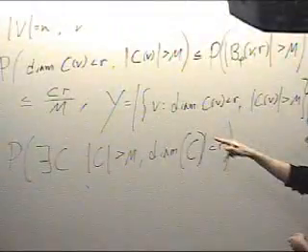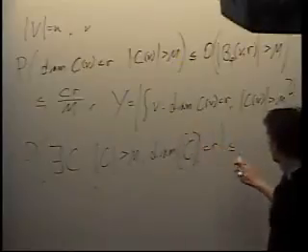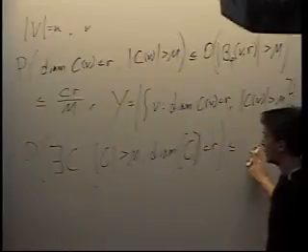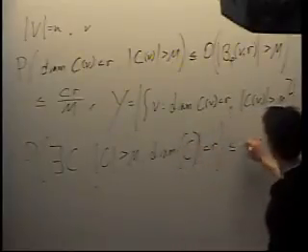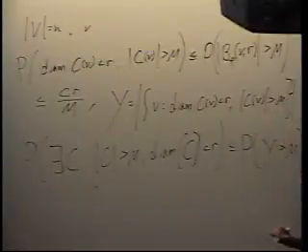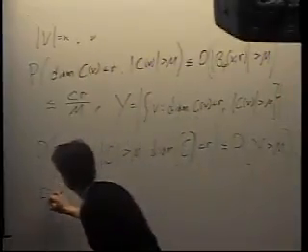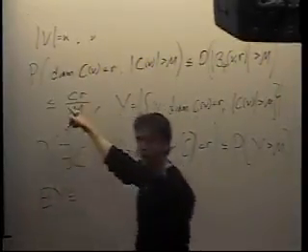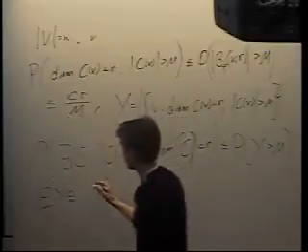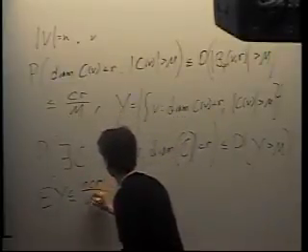I forgot to say that the expected value of Y is bounded below by n times this number above, nCr over m.